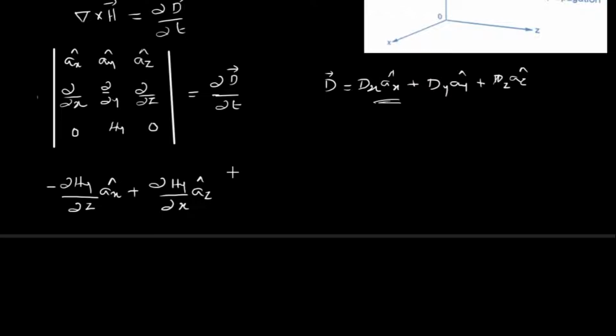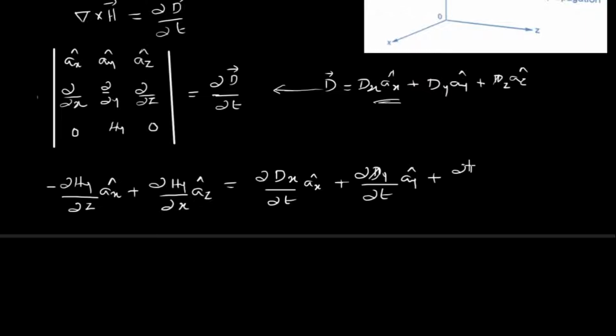This will be equal to del Dx by del t along the x direction, because I am just using the D vector here, plus the variation of the Dy component with respect to time along the y direction, and then the variation of the Dz component along the z direction. That's fine.